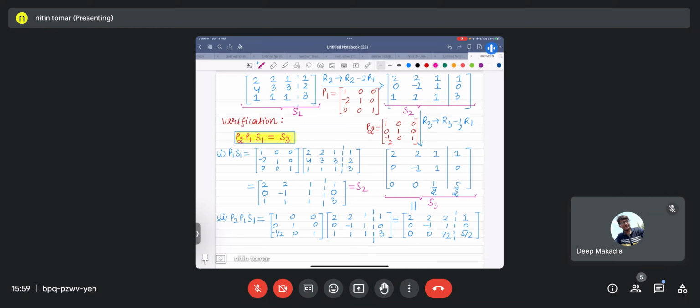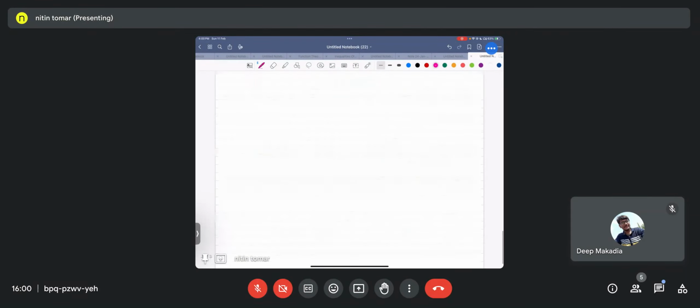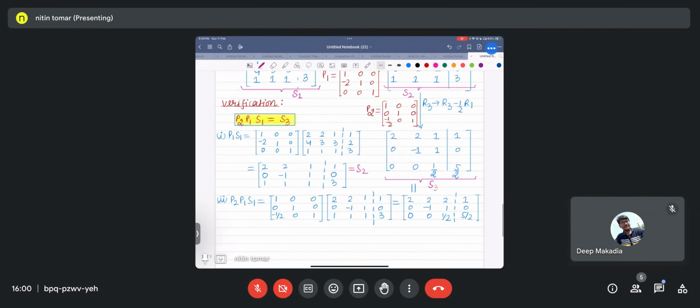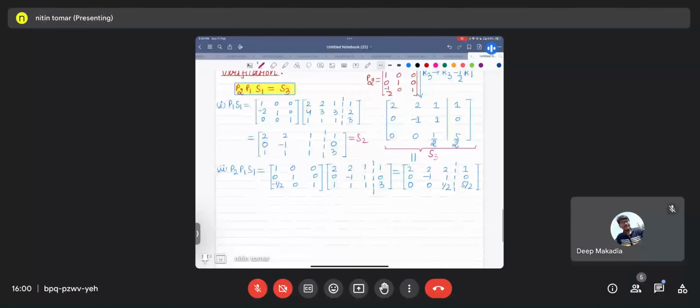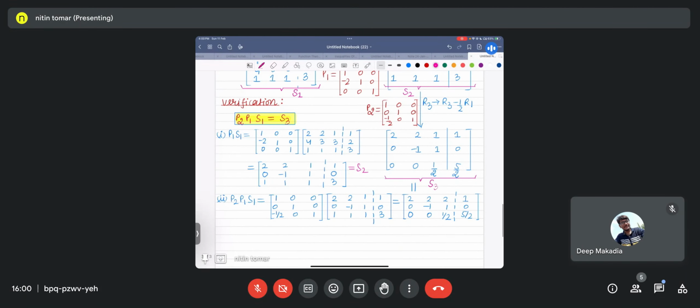So is this exactly it: the multiplication P1, P2 up to Pn will result in an identity matrix, right? No, that is not the case. When did you stop here? If you convert it into identity, then the original system S1 would be S3, right?